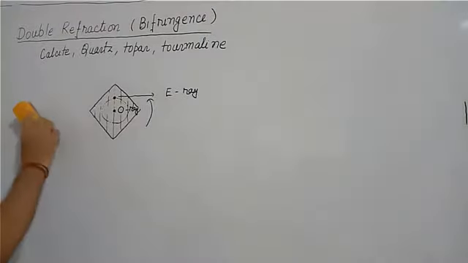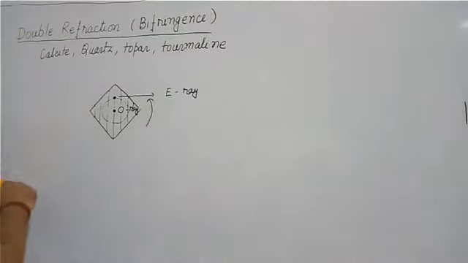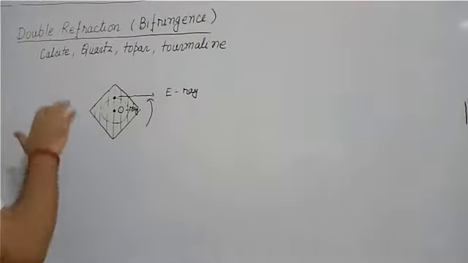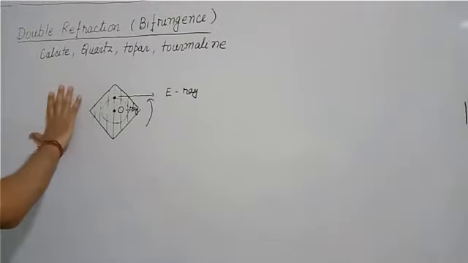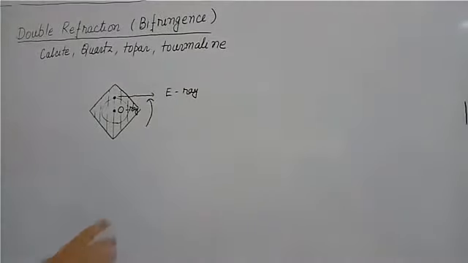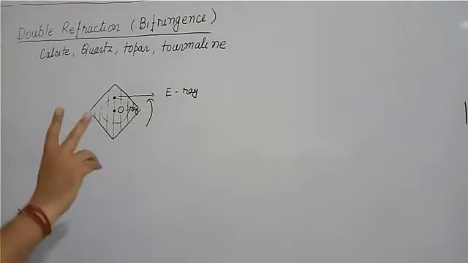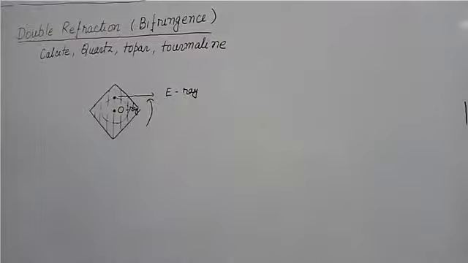Now the crystals which exhibit this double refraction are known as doubly refracting mediums, and this phenomenon in which for one ray of light we have two refracted rays is known as double refraction.